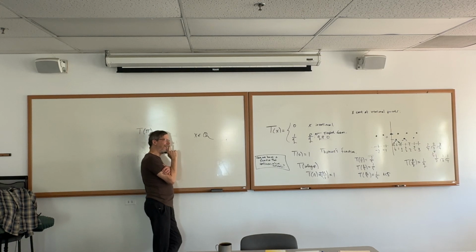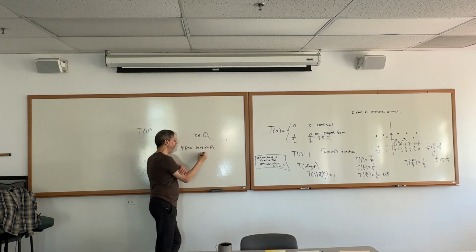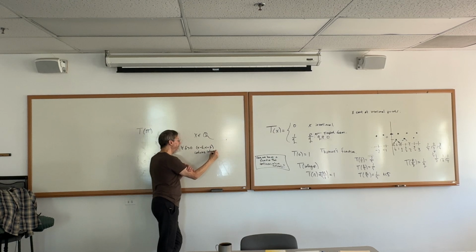Okay, alright. So I said that if x is a rational number, for any delta greater than 0, the interval x minus delta to x plus delta would contain infinitely many alpha points that are irrational, for which f of alpha is 0.